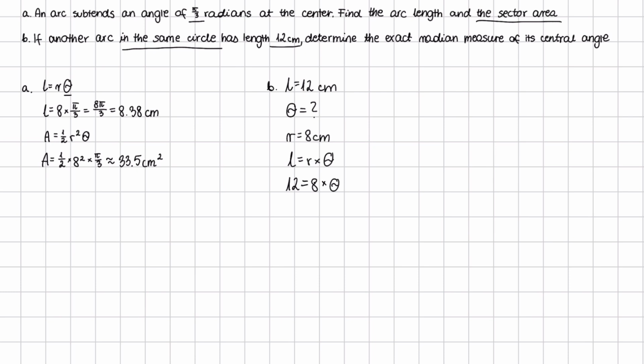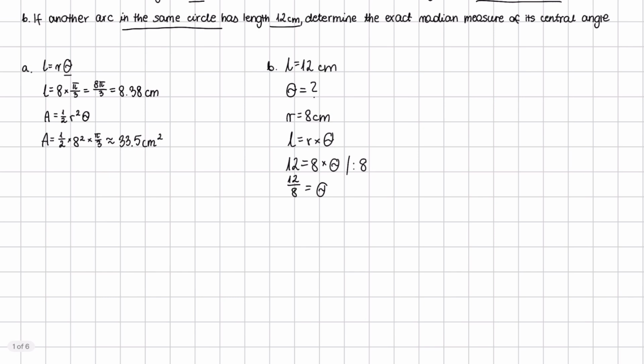So we can divide both sides firstly by 8, so 12 over 8 is our angle, and now we can also shorten our value, so we will be left with 3 over 2, and of course we have units, radians.